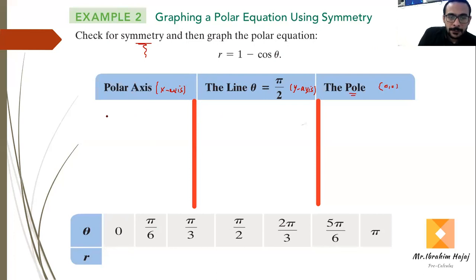So first, I'm going to find what? To check the polar axis, I'm going to replace every theta by negative theta. So r equals 1 minus cosine of the angle, which is negative theta. So 1 minus cosine of a negative angle.